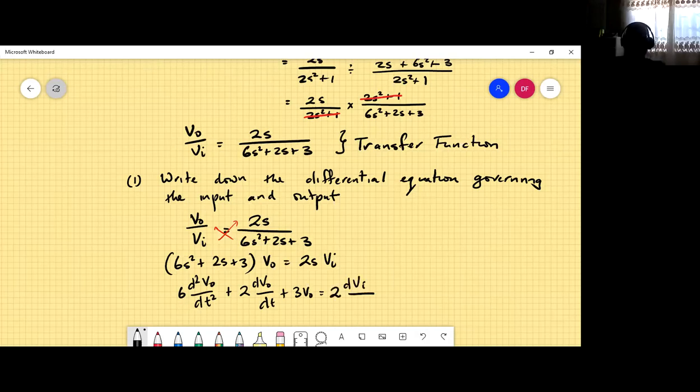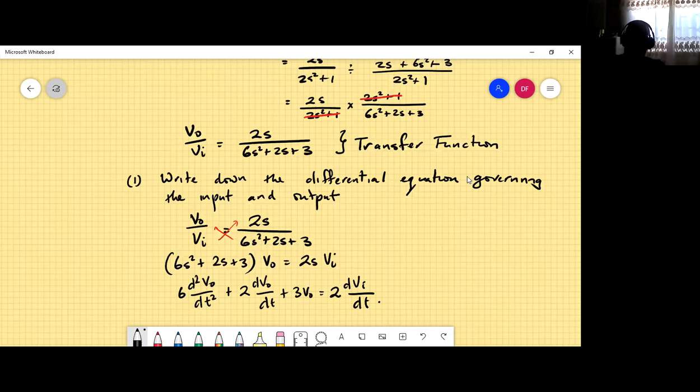So this would be my differential equation relationship for the circuit.